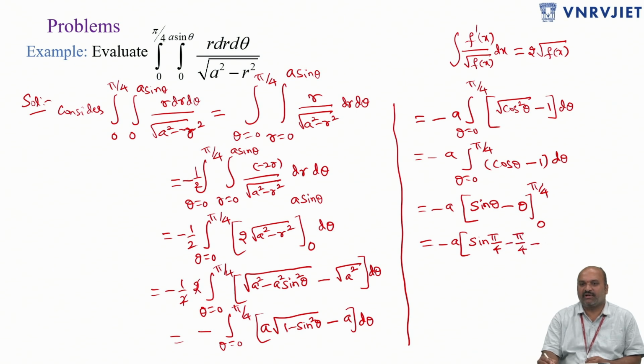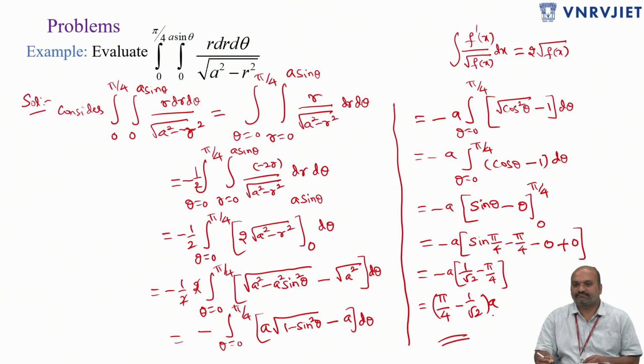Substitution of lower limit minus sin 0. Substitution of lower limit into this minus becomes plus, theta is 0. So now see, what is sin pi by 4? Sin pi by 4 is 1 by root 2 minus pi by 4. So therefore, if you bring this minus inside, it is pi by 4 minus 1 by root 2, into a, is the answer.